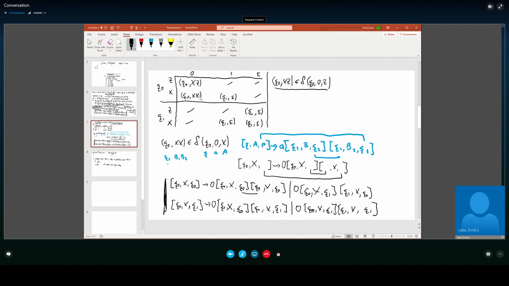Then we have the same number of productions for this entry because it has, again, 2 stack symbols in that entry, and you have 2 states. So this is, again, 2 to the power of 2, 4. Then you have 2 to the power of zeros, which is 1 for this, and 1 for this, and 1 for this, and 1 for this.